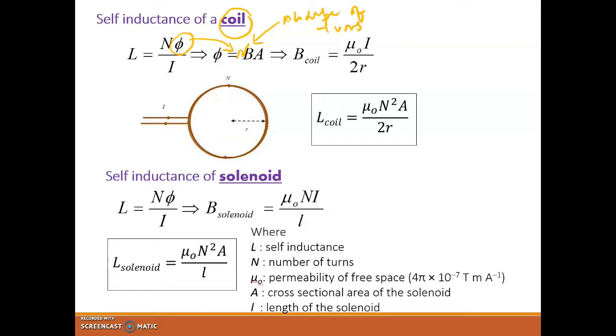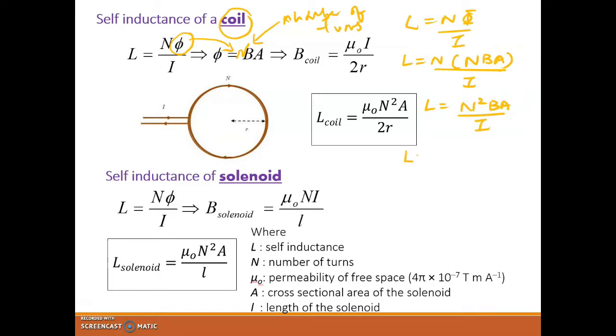So we have L is equal to N flux over I. So we know that flux is equal to NBA over I.